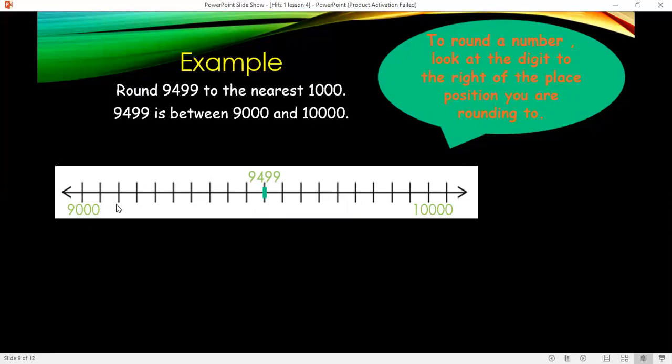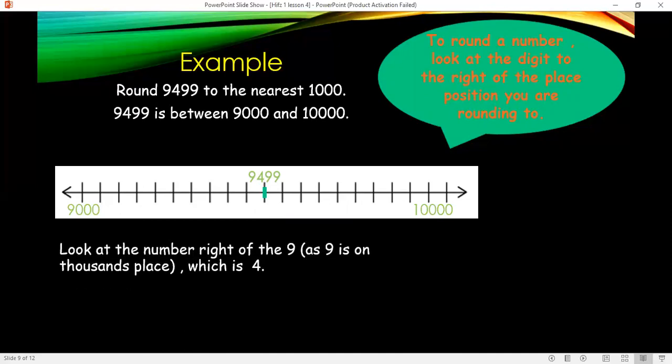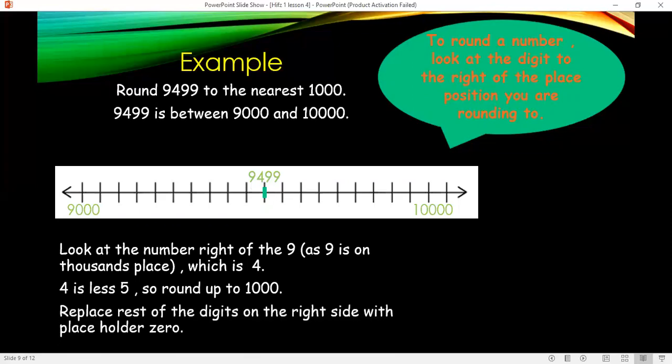So it will be rounded down to 9,000. According to the method we have learned, we check the place value of 9. It's on the thousands place. The next digit that is circled is 4. But 4 is less than 5, so round down to 9,000 and replace the remaining 3 digits by 0. Placeholder zeros will be added.